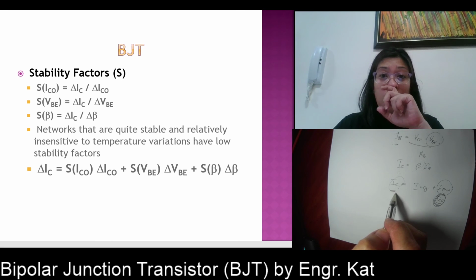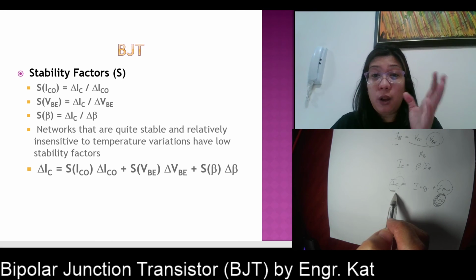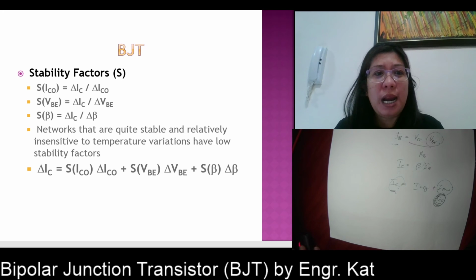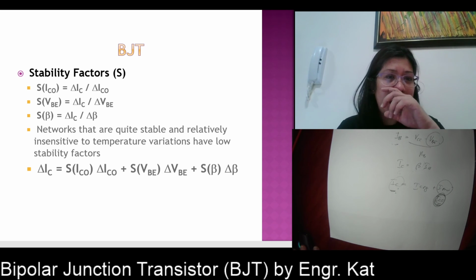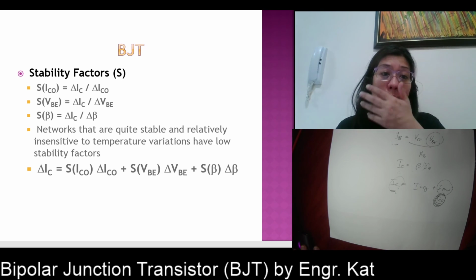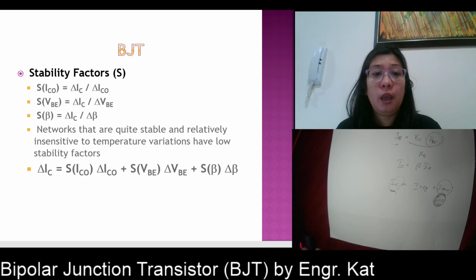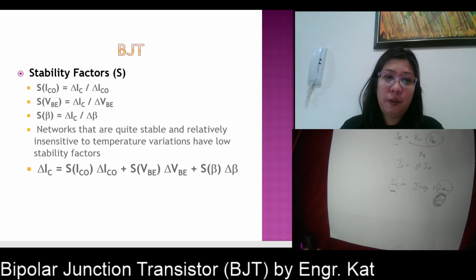So therefore, if all of them change with respect to temperature, either increase or decrease, it has something to do with your IC. So therefore, the change in IC is equivalent to the sum of your stability factors multiplied by your changes in beta, changes in VBE, and changes in your ICO.